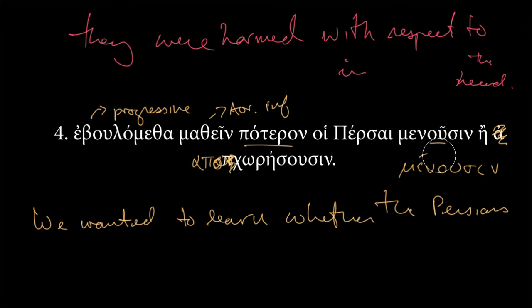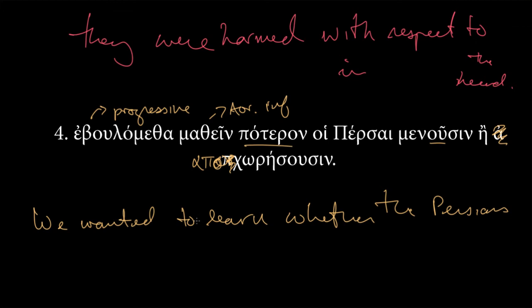What's causing this to be an epsilon contract is the fact that we're actually in the future, right? Which is meno, or more technically, meneo, right? So that's what we have, meneousi here, and that's what's triggering the circumflex. So this is actually a future form. So we have to follow our sequence of tenses in English.